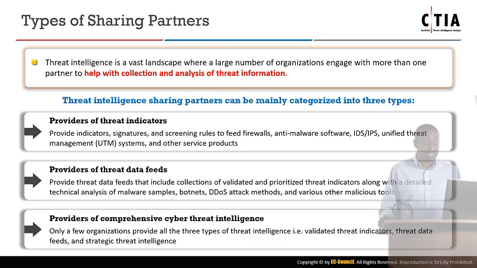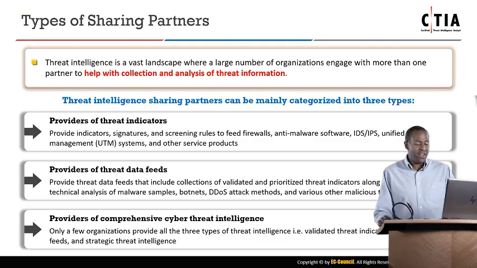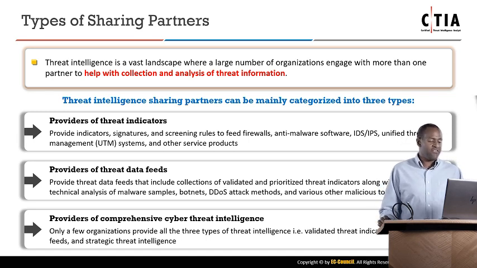So we have an ongoing stream of validated and prioritized indicators. We can take these and apply them to our systems and our procedures so that we can avoid those specific types of malware and botnets, etc. So those are providers of threat data feeds.